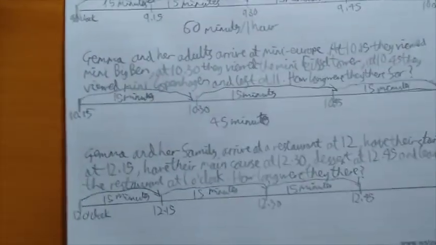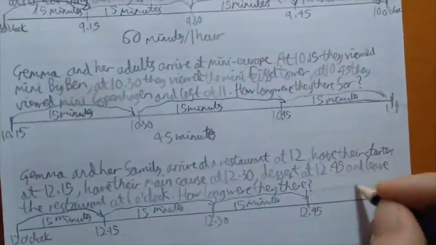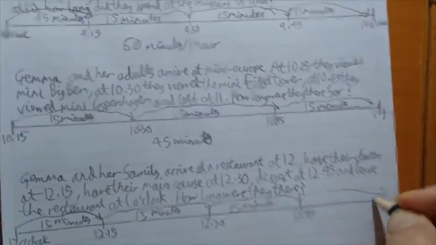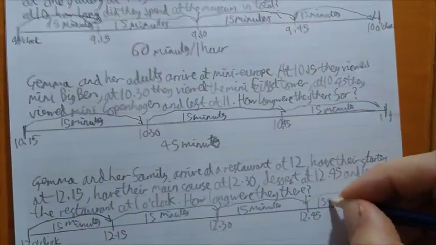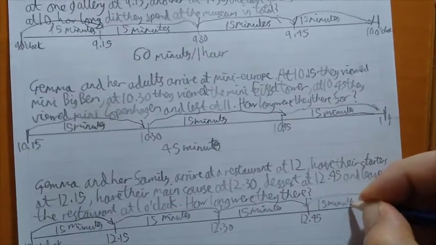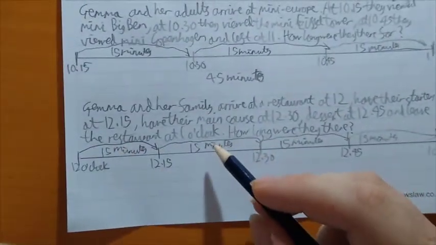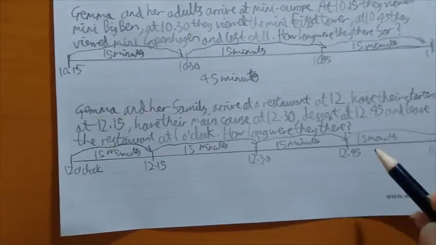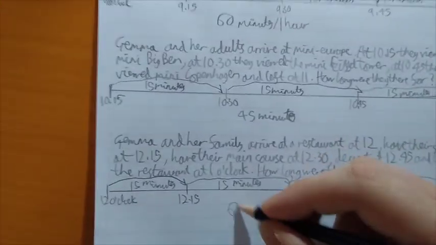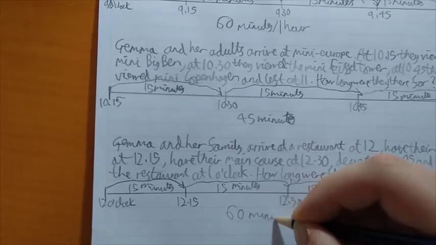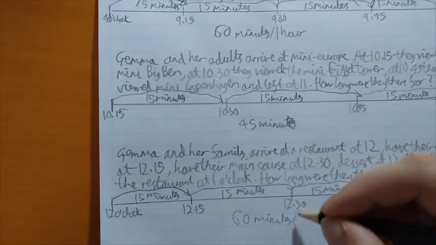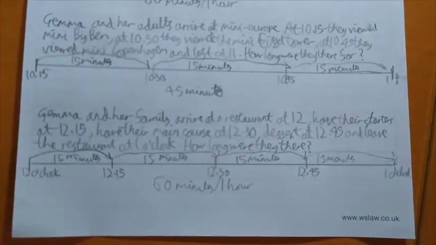This makes 45 minutes. Then add another 15 minutes, which makes 60 minutes or an hour. So 15, 30, 45, 60. So they spent 60 minutes, 1 hour, in the restaurant.